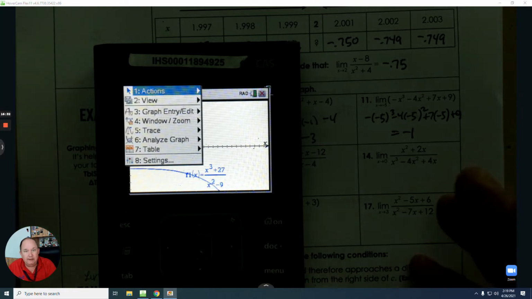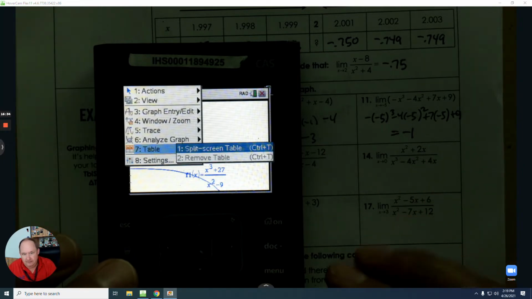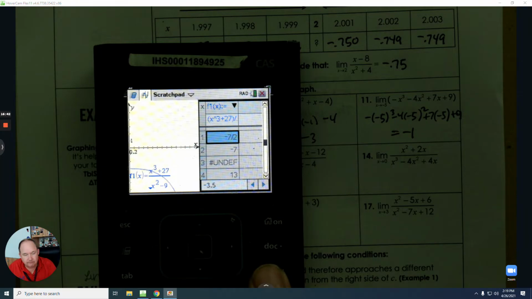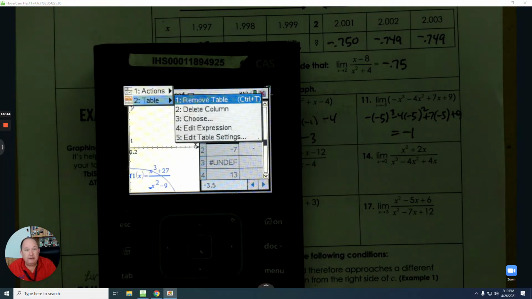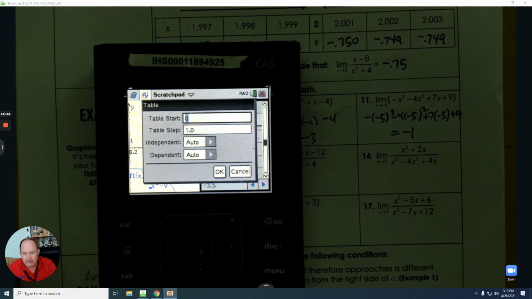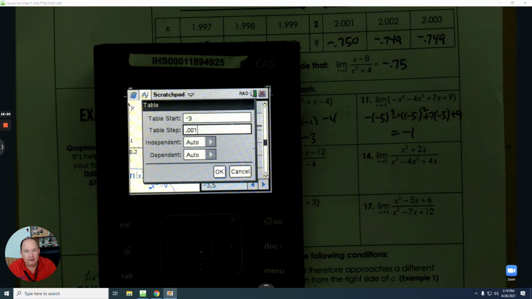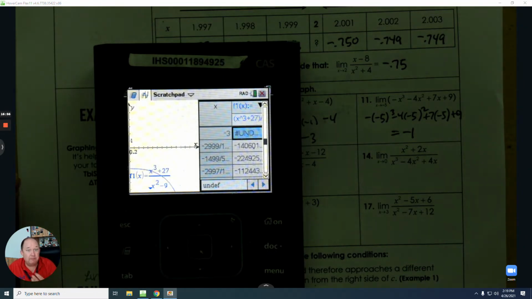So we're going to go Menu and Table. Again, I'm going to go Menu. Notice at 3 and at -3, it's undefined. So I'm going to go Menu, Table. I'm going to edit the table settings. And then I want to know, starting at -3 and then 0.001, I want to know before and after, what is it approaching?